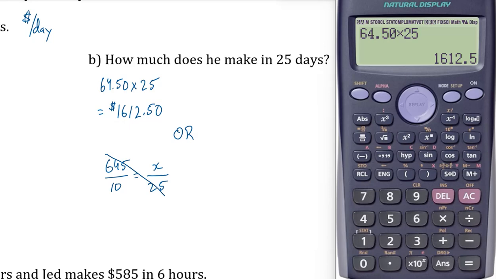So then I solve my proportion, and I get X equals 645 times 25 divided by 10. And if I do that, I get the same answer.